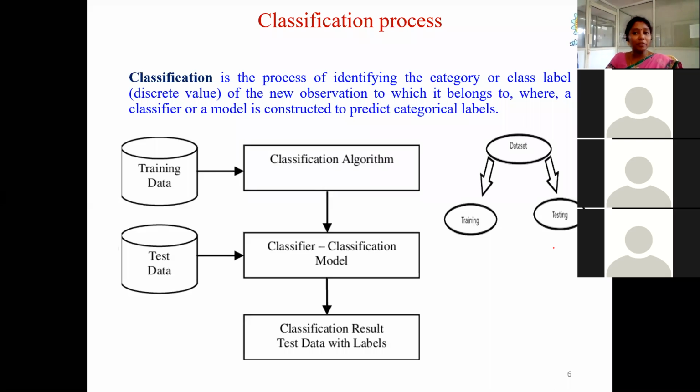It is the process of identifying the category or class label of the new observation, meaning a row of a table, tuple or example, where a classifier or model is constructed to predict a categorical label.